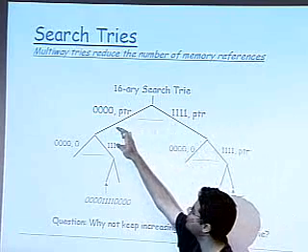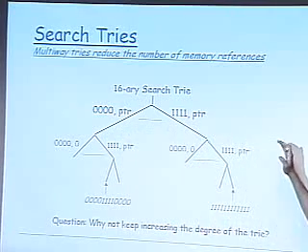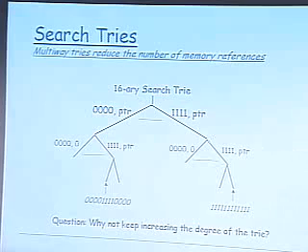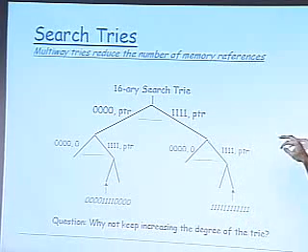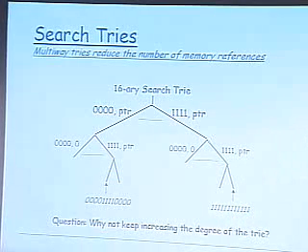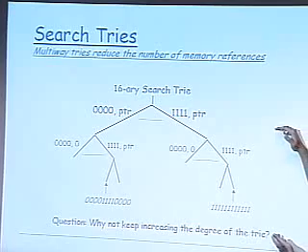So what you can do is look at, let's say, 4 bits at a time and go down this tree 4 bits at a time. So now the number of memory accesses is going to reduce. Right? The depth of this tree has reduced now.